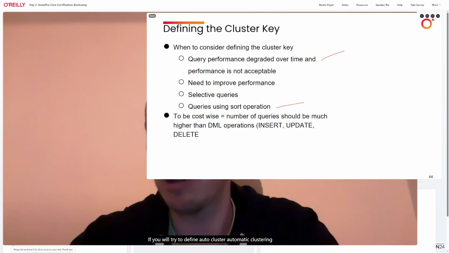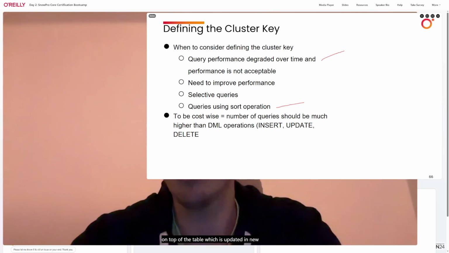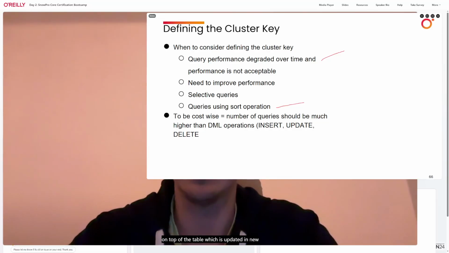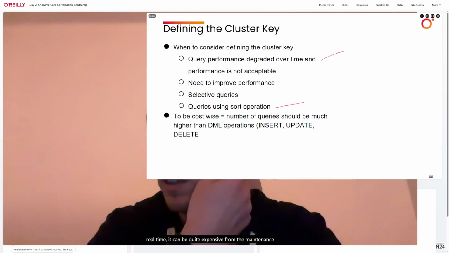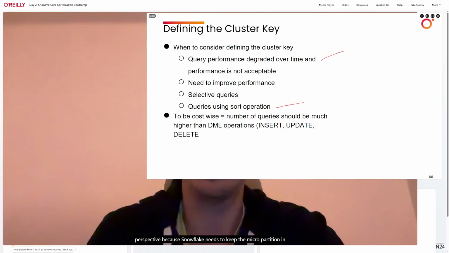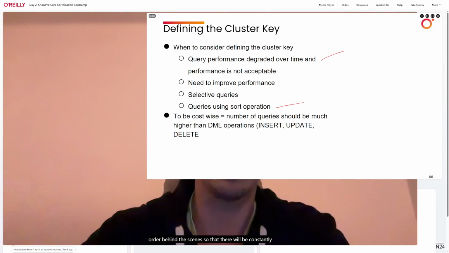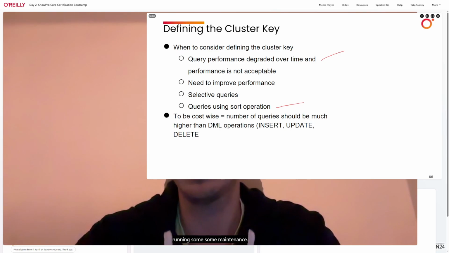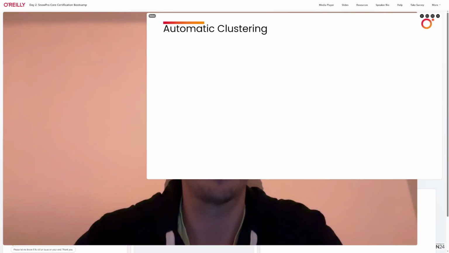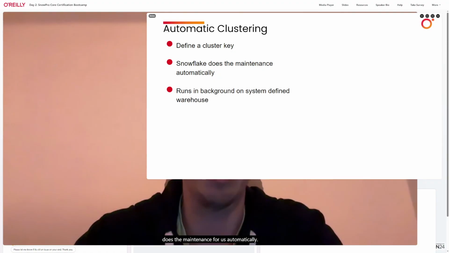Again, if you try to define automatic clustering on top of a table which is updated in real time, it can be quite expensive from the maintenance perspective, because Snowflake needs to keep the micro partitions in order behind the scenes, so there will be constantly running some maintenance. With automatic clustering, we define the cluster key, and Snowflake does the maintenance for us automatically.